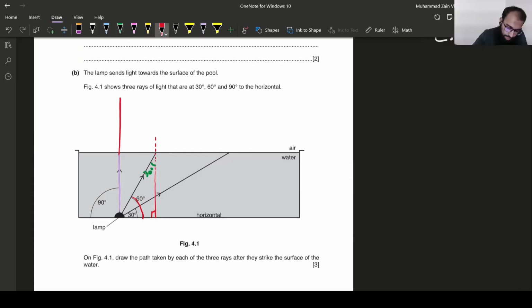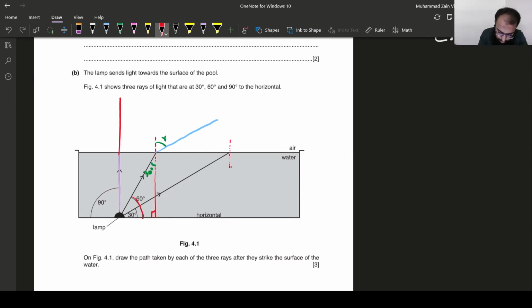And now since it's moving from water to air, meaning a denser medium to a less dense medium, the ray of light would move away from the normal. So the path of the light should be something like this. It should be away from the normal, or in other words, the angle of refraction must be greater than the angle of incidence. Okay, so this is how we do this part.